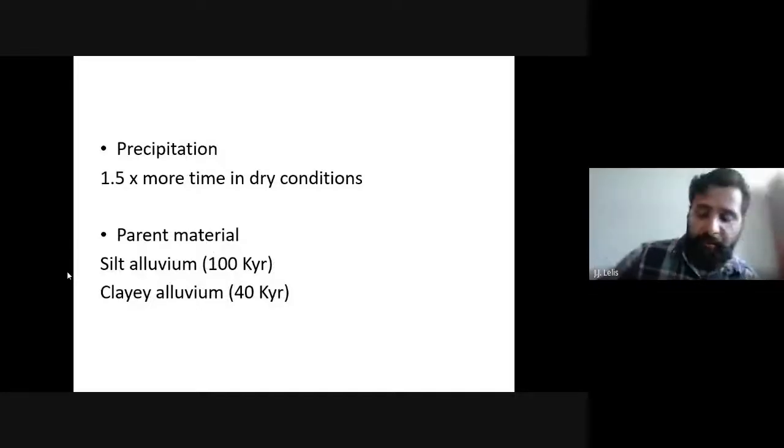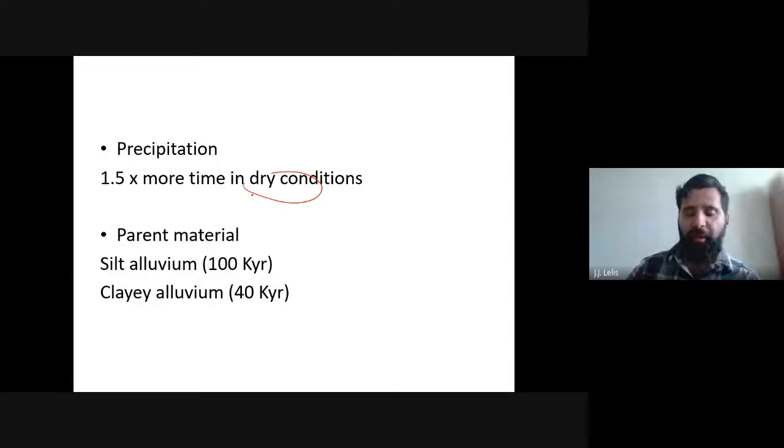Okay. And of course, climate also influences this process. If you have drier conditions, you spend more time to produce an argic horizon. So to produce clay skins and a higher content of clay in the subsurface in dry conditions, like the Brazilian semi-arid or another semi-arid or dry area, you need more time, at least 1.5 times more than in wet conditions.